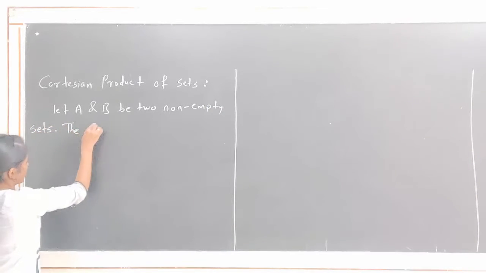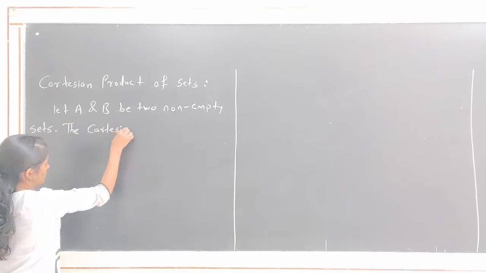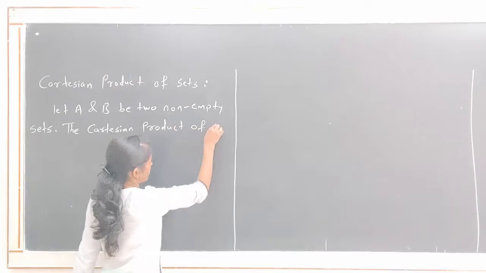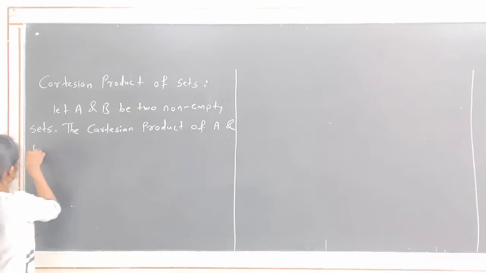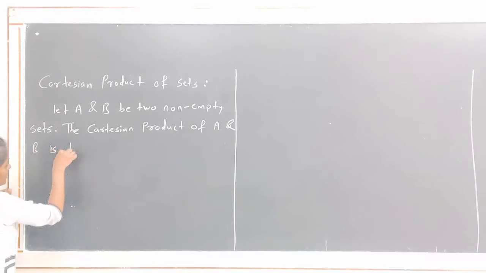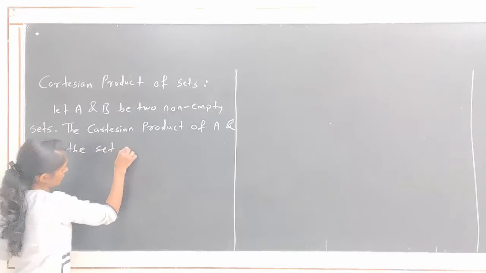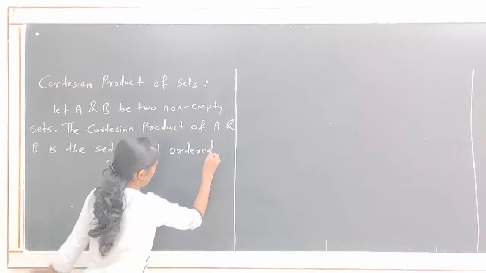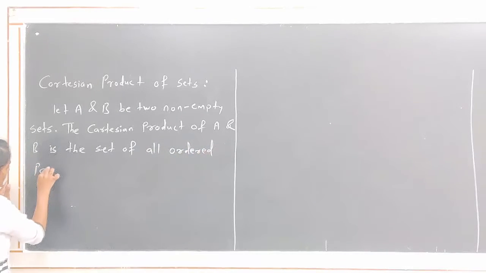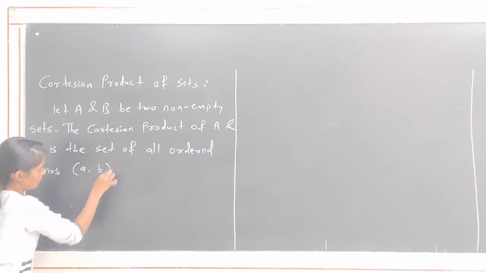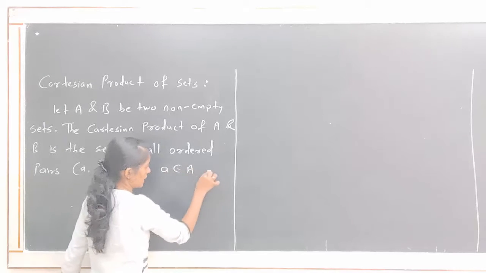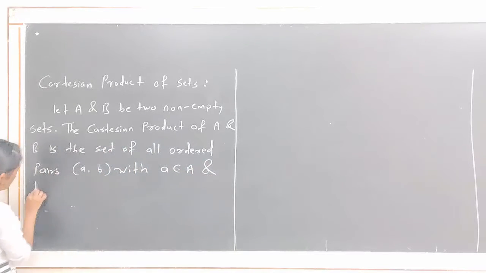The Cartesian product of A and B is the set of all ordered pairs (a, b) with a belongs to A and b belongs to B.